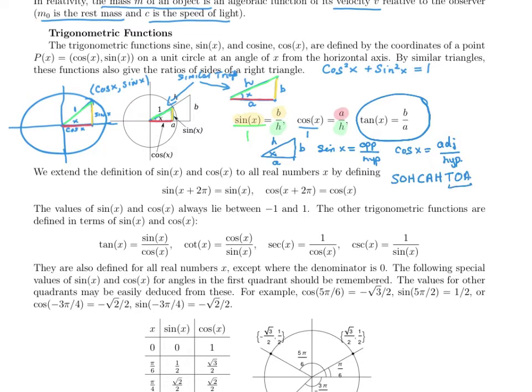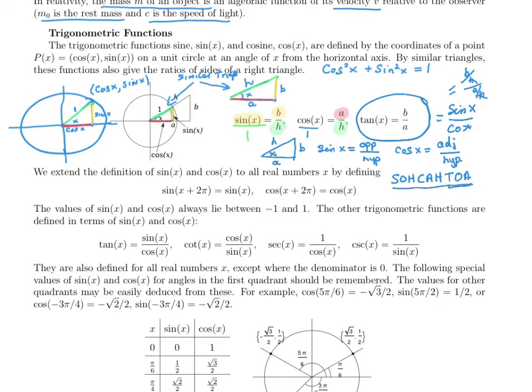Well, the definition of the tangent function is the opposite, the b over a for this triangle, but it's also equal to sine of x over cosine of x. If you do the calculation, that turns out to be b over h over a over h, and the h's cancel, so you get b over a for any given right triangle with x in the appropriate corner there.